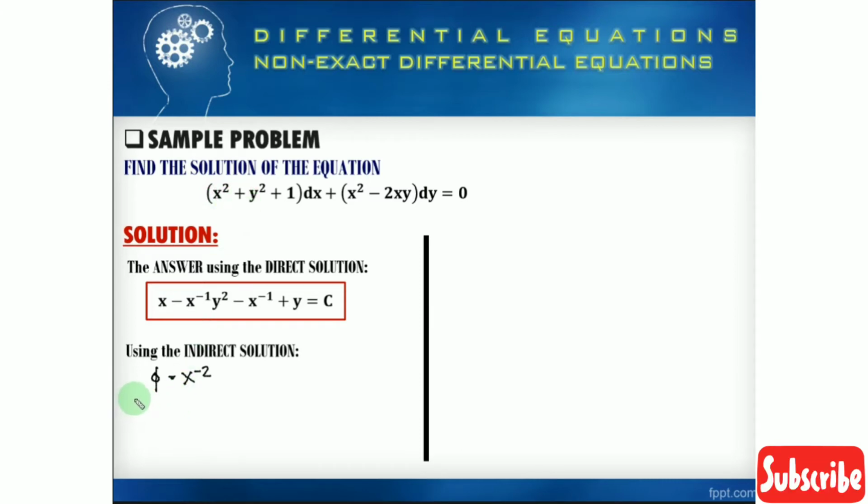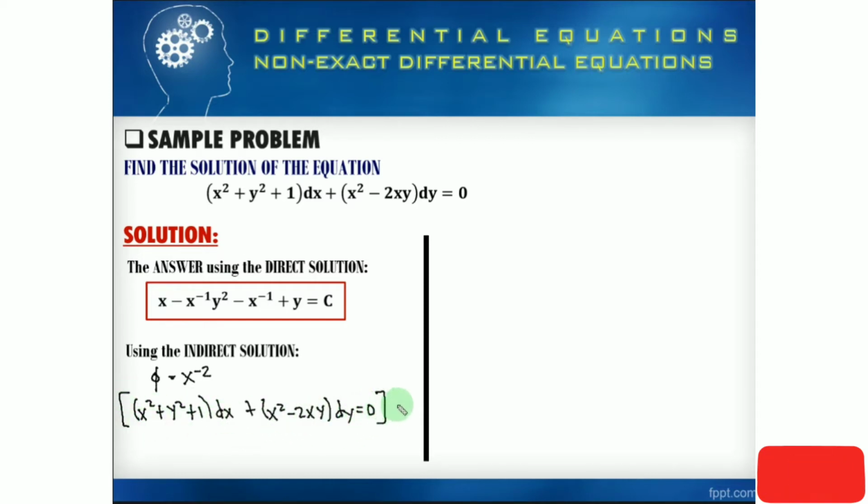So from this we have x squared plus y squared plus 1 dx plus this quantity x squared minus 2xy dy is equal to 0, and then we multiply the whole equation by this phi, which is x raised to the negative 2.